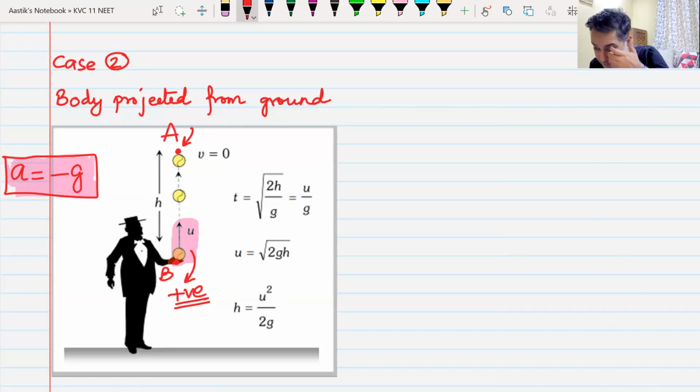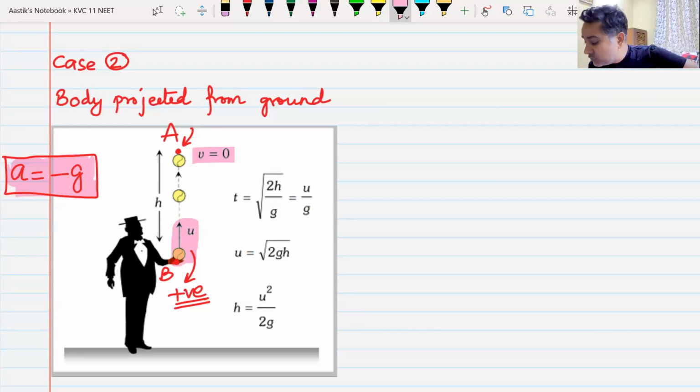Any idea? The velocity at the highest point is going to be 0, because if it is not 0, it will keep on going up.